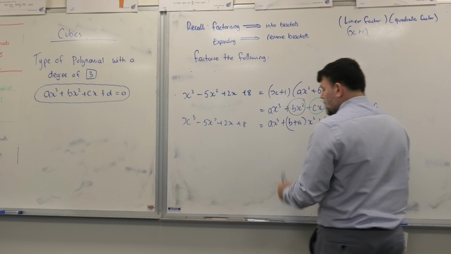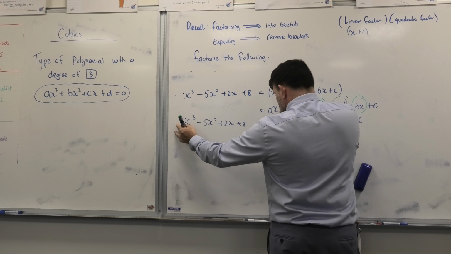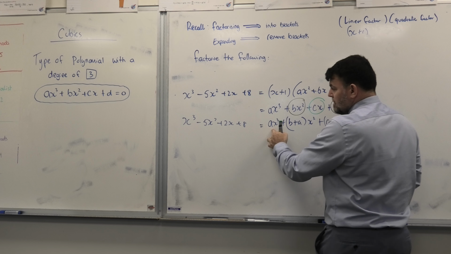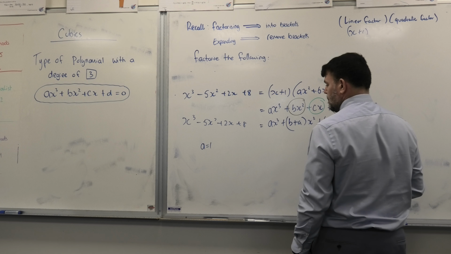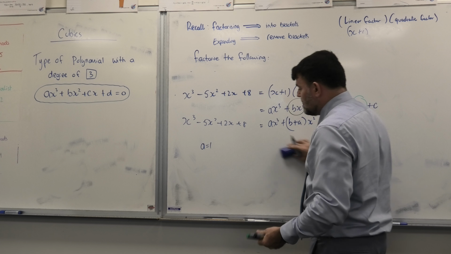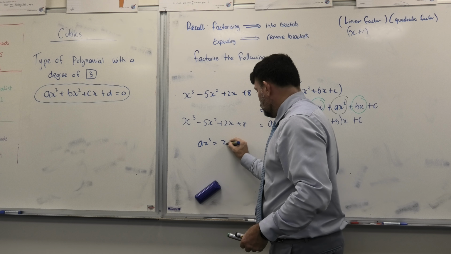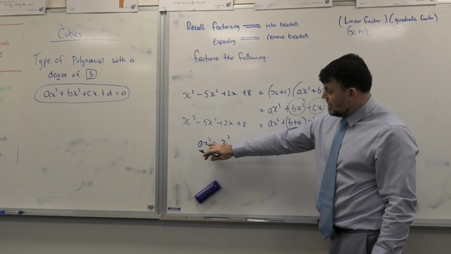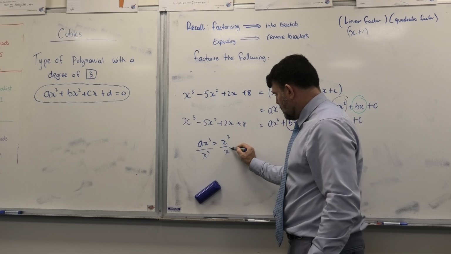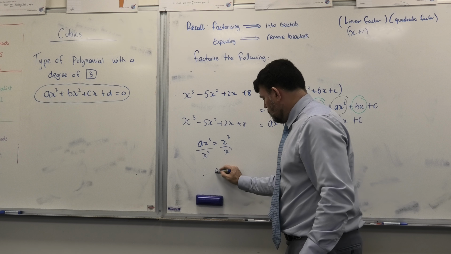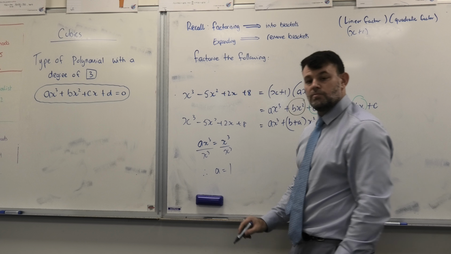And now it's just a matter of equating them. Let's equate the coefficients of these pronumerals. For x cubed, a is equal to 1. How would that work mathematically? ax cubed is equal to x cubed, and if I wanted a by itself, I'd divide both sides by x cubed, so a is equal to x cubed divided by x cubed, which is 1.